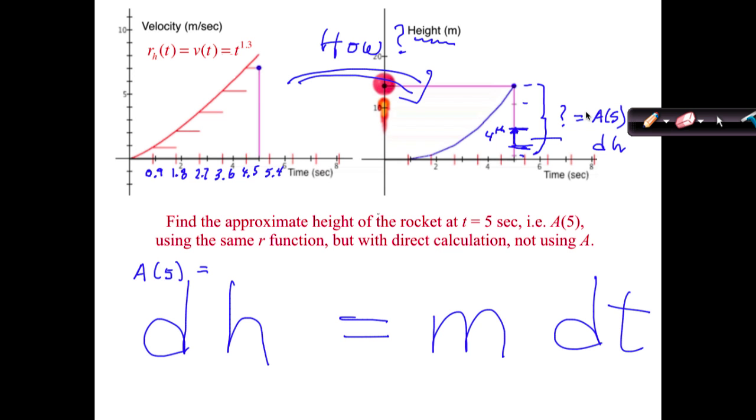This is how we get accumulation from rate. We know how fast something is changing every moment. We want to know how much we have. So given a constant rate over an interval in the independent variable, multiply and you get the corresponding change in the dependent variable. So what is the change in height in the fourth interval?